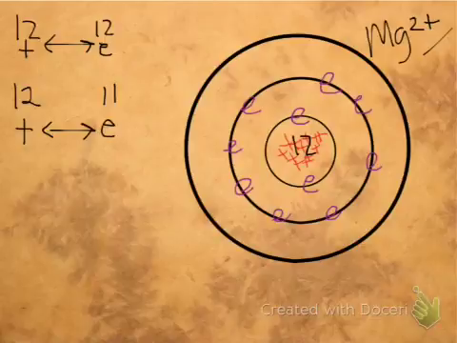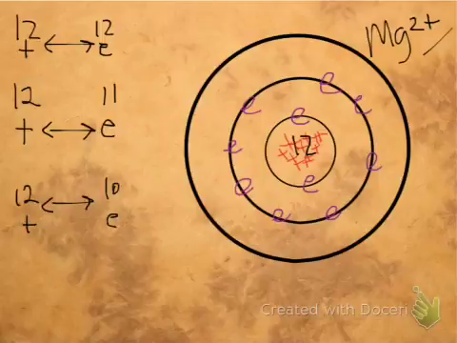We now have not only 12 protons pulling on 10 electrons, but magnesium has reached what kind of configuration? Noble gas. So guess what happens to its ionization energy? It goes through the roof.